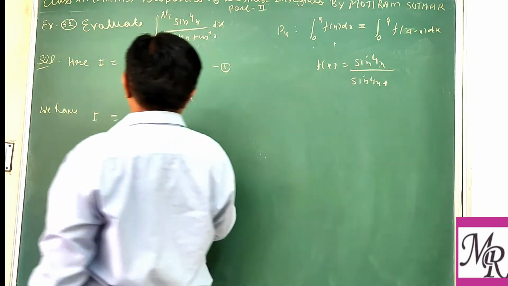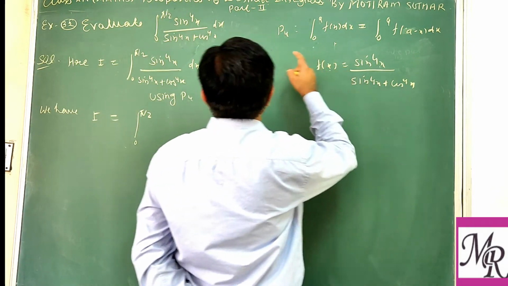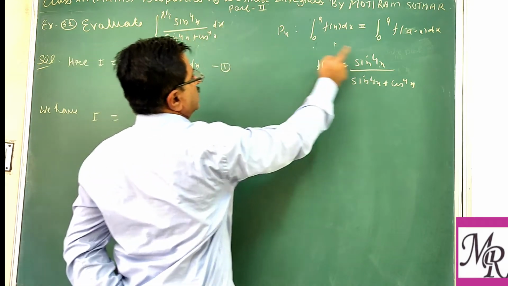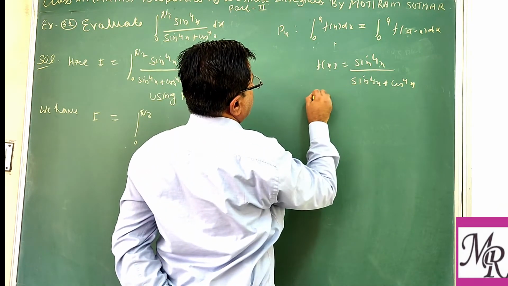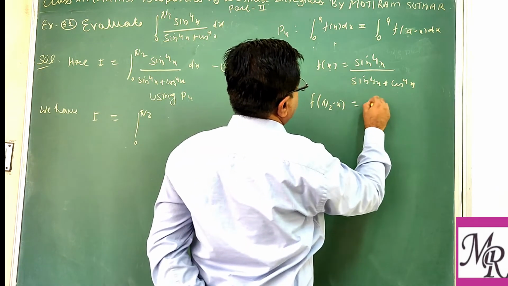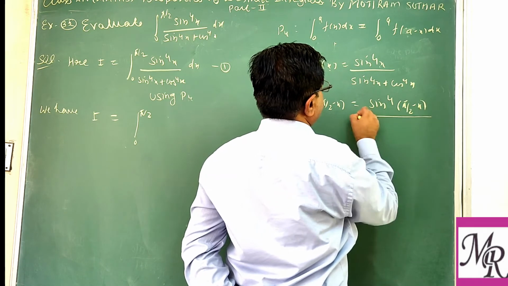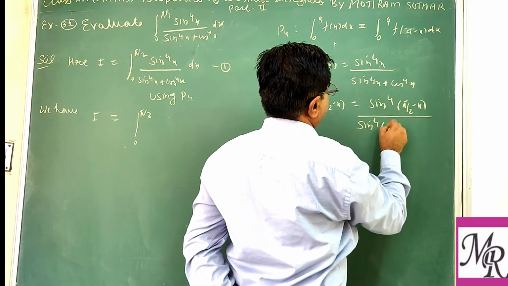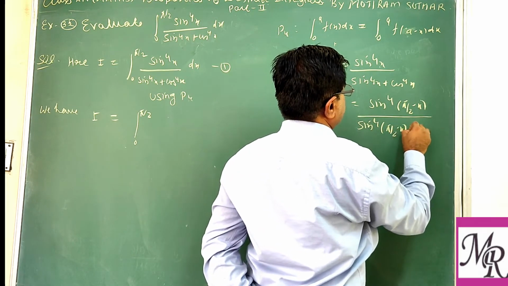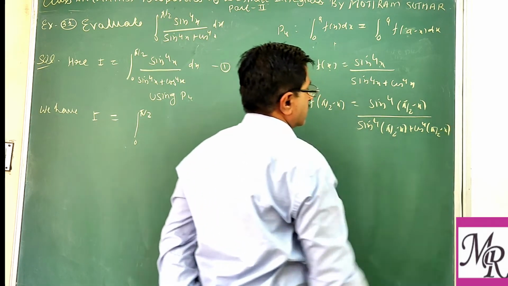Now x is replaced by a minus x, here a is pi by 2, so f of pi by 2 minus x. So sin power 4 of pi by 2 minus x, plus sin power 4 of pi by 2 minus x. So in this way we can use the property.